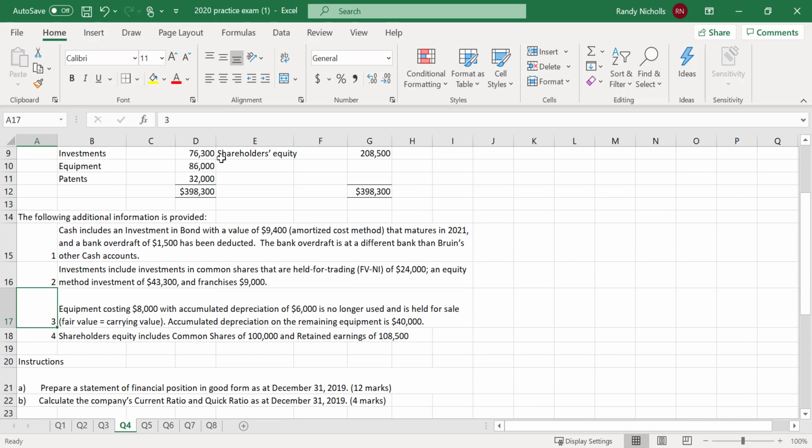And accumulated depreciation on the remaining equipment is 40,000. So again, all I need to disclose is the accumulated depreciation, and of this 86,000, 2 of it's held for sale. So the other 84,000 is my equipment.